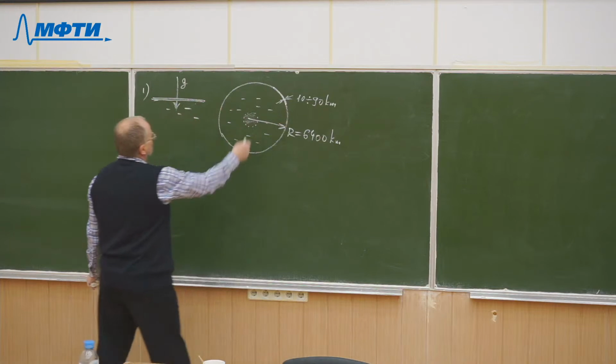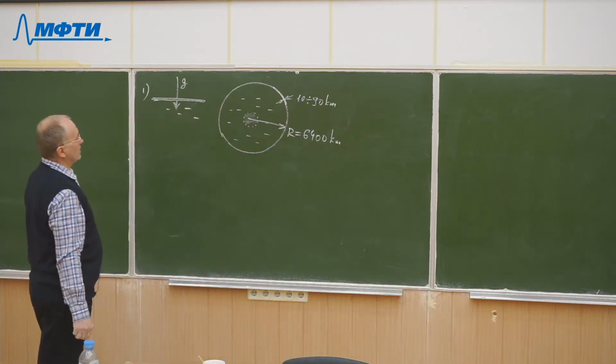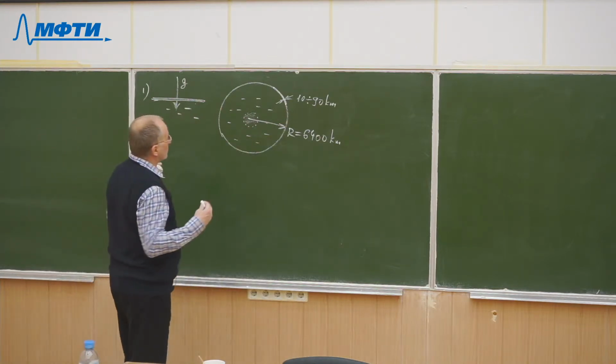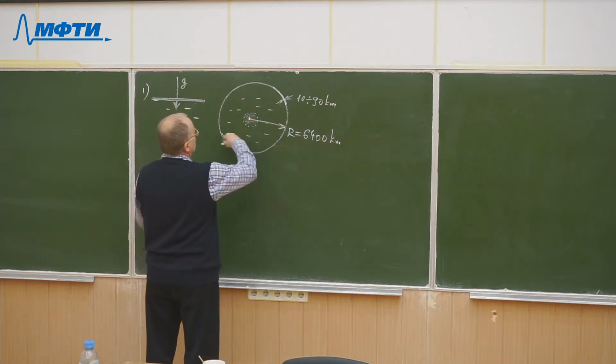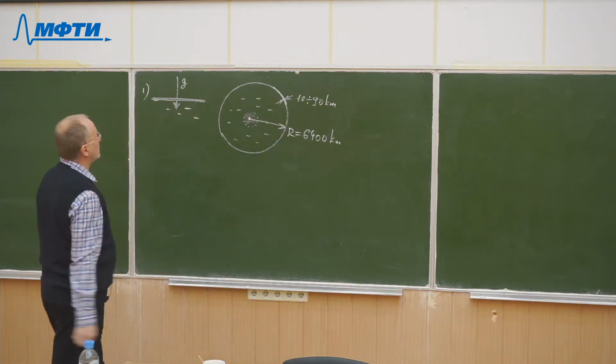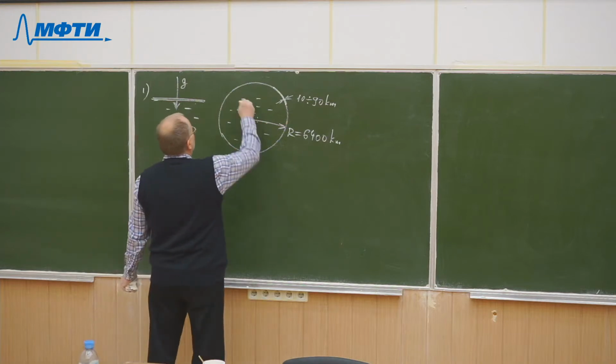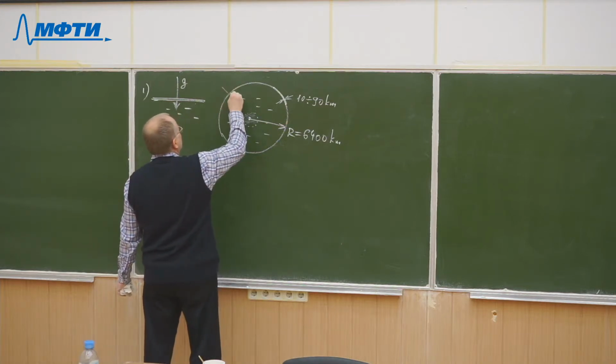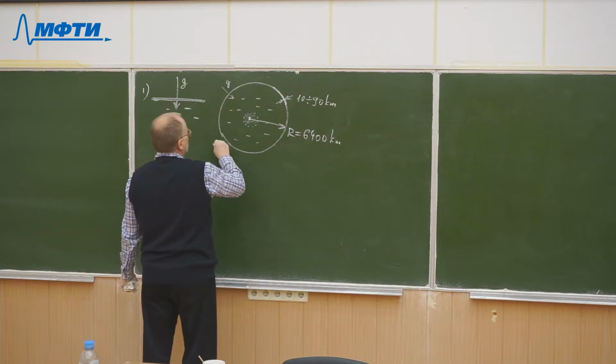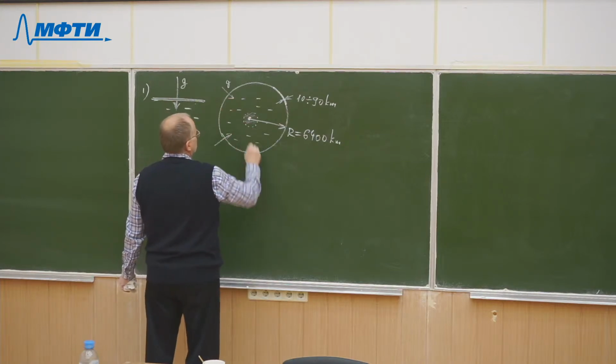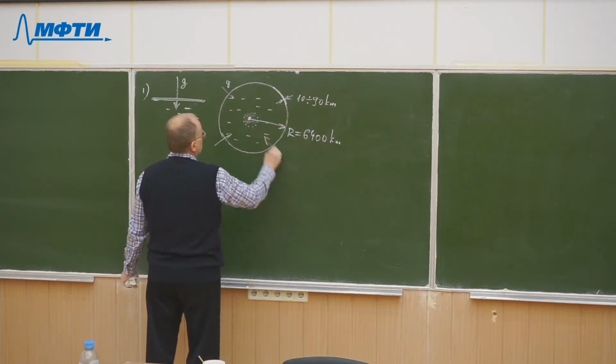So the laws of liquid can be applied to the planet. At first approximation, if the planet is at rest, if it's not rotating, then all the vectors of free fall acceleration will be directed to the center of the planet, everywhere to the center.